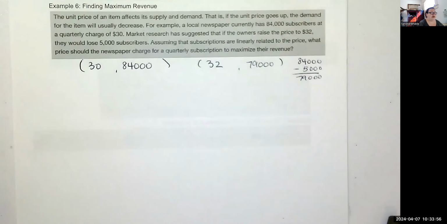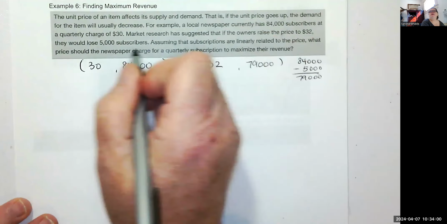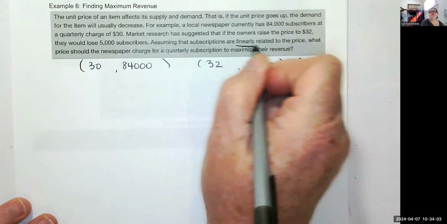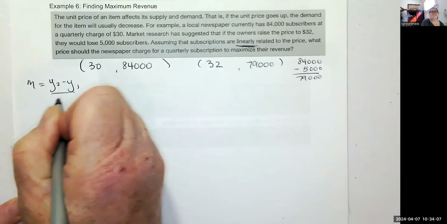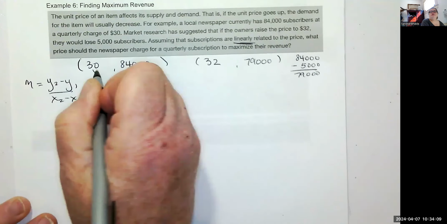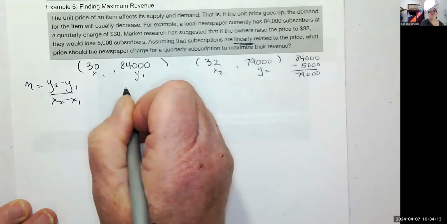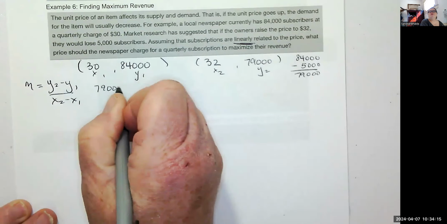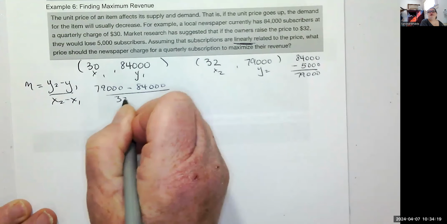All right, we can find our constant rate of change since they're saying this is linear. So we can find our constant rate of change. Just label real quick. So 79,000 minus 84,000 over 32 minus 30.